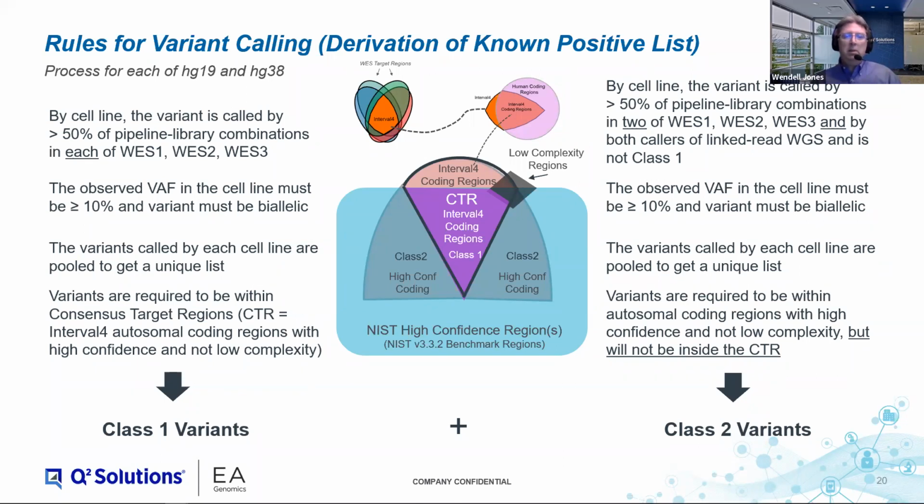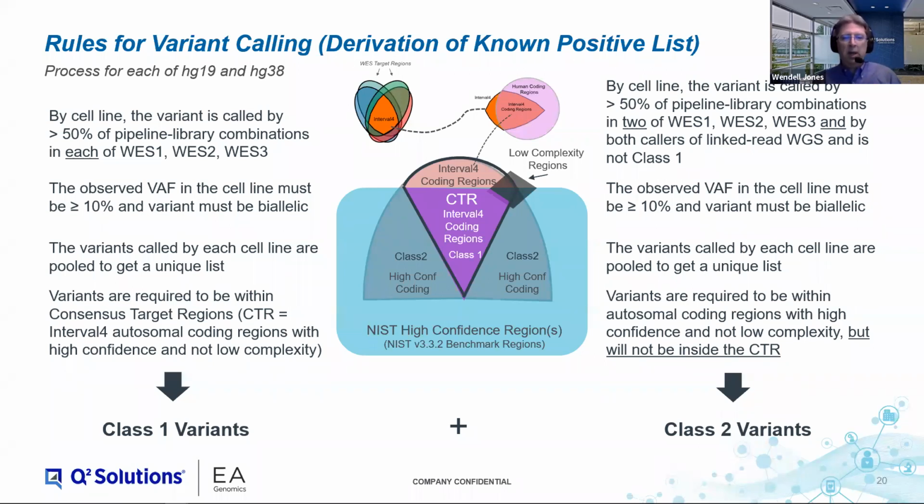The final rule that we came up with by acclamation, because it was difficult to say, given the patterns of the variant calling, that one caller would naturally be favored over the other, was this: by cell line, if a variant was called by at least 50% of the pipeline library combinations in each of the three high-depth whole exome sequencing systems, then that would be a candidate for a positive.